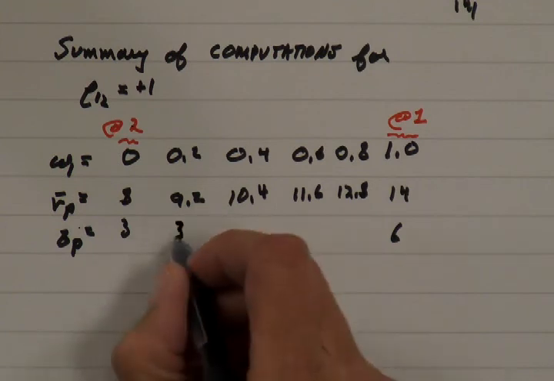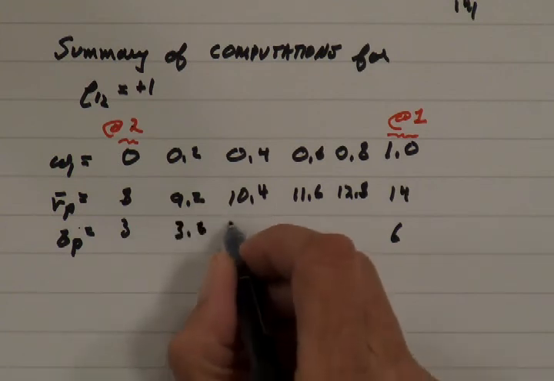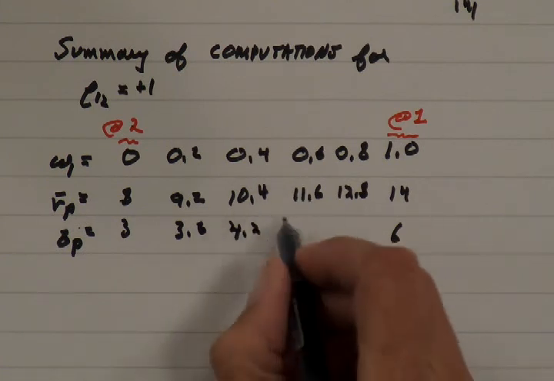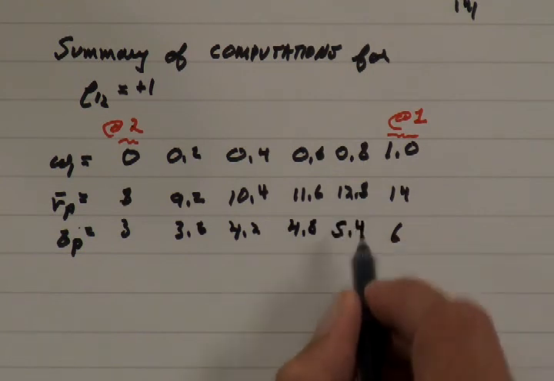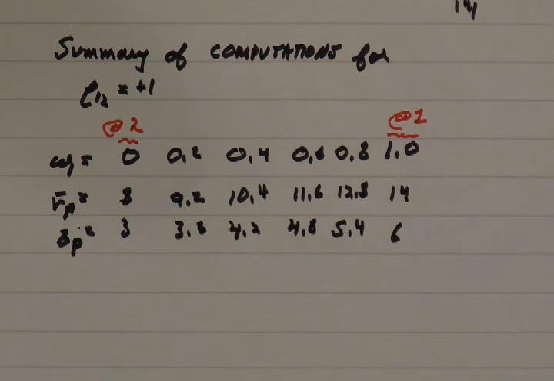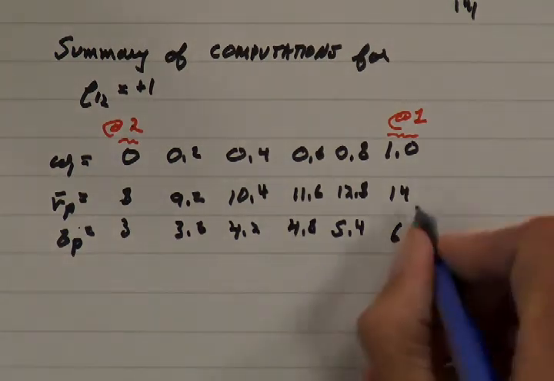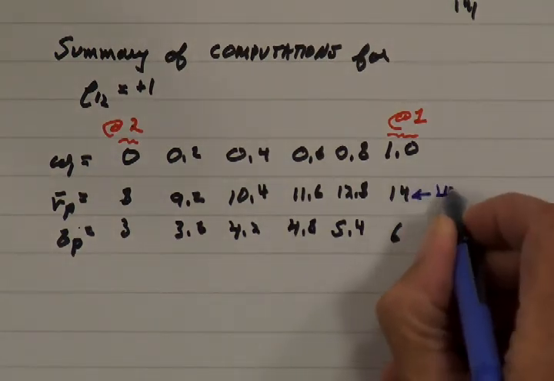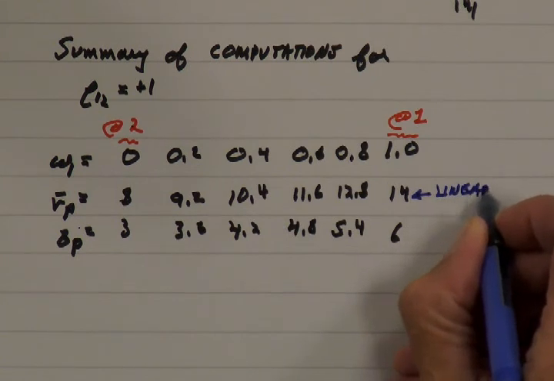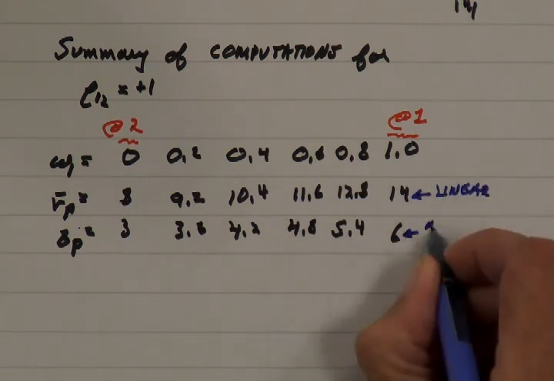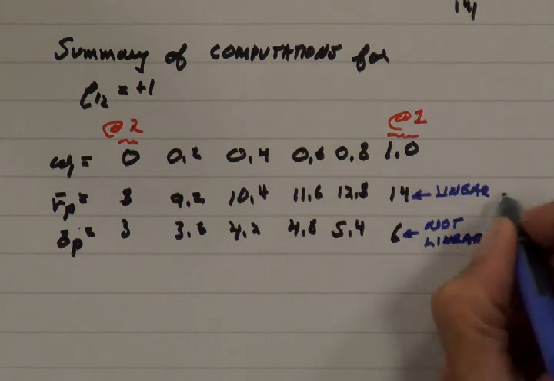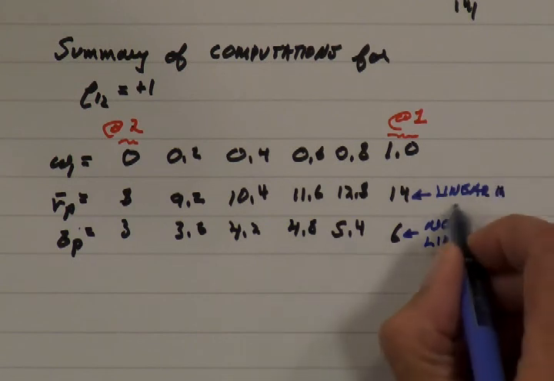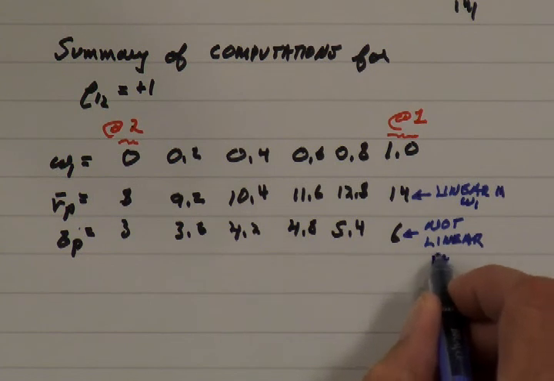Now, the standard deviation goes as follows: 3, 3.6, 4.2, 4.8, 5.4, 6. Now you can see that this is linear in W1.